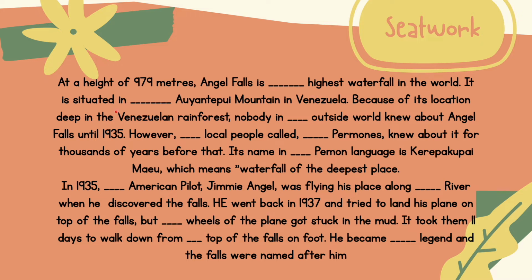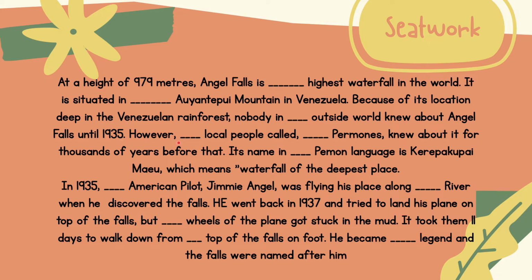It is situated in blank space Ollantaytambo Mountain in Venezuela. Because of its location deep in the Venezuelan rainforest, nobody in blank space outside world knew about Angel Falls until 1935. Oh, it's been a long time there.